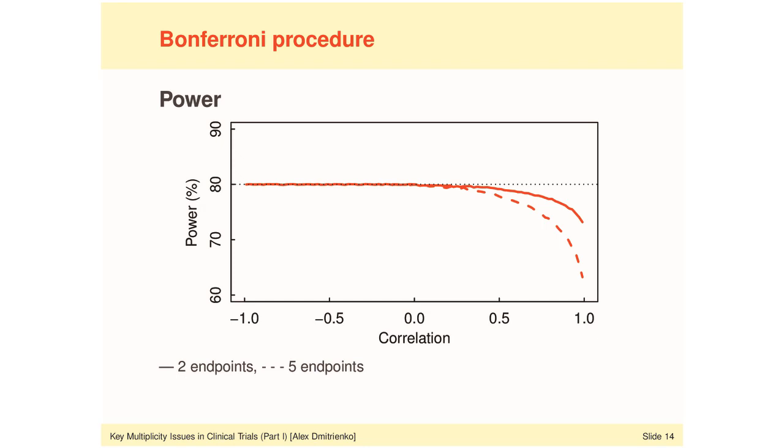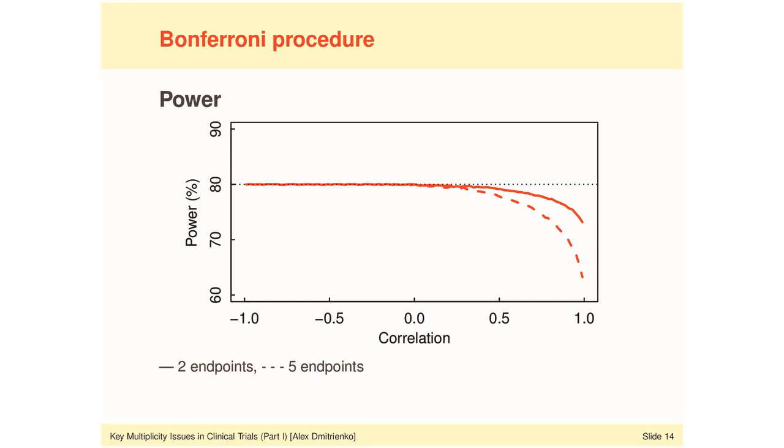The plot shows that after the Biopharmaceutical adjustment, power will drop by a few percentage points if the common correlation coefficient is less than 0.5, but the amount of power loss increases dramatically as the correlation coefficient increases and ultimately it approaches 1. And we should expect more power loss as the number of endpoints or tests in general increases.